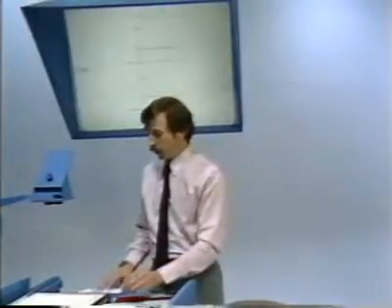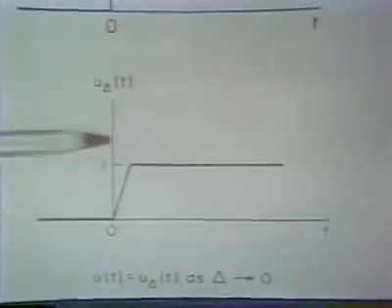So in effect, what we need to do is think of the unit step function as the limit of a continuous function. And so we can define a function which I specify here as u sub delta of t.